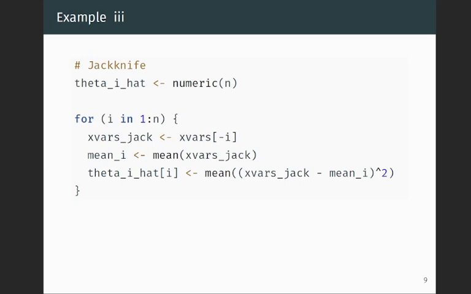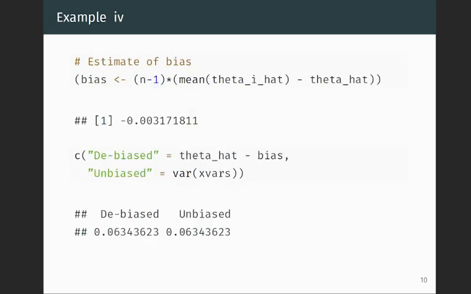So we're taking the sample mean of the squared differences between x vars jack and the sample mean I. So we're going through this for loop and we get n new estimates of the variance. And once we have those estimates, we can plug them into the formula for the bias estimate using Jackknife.